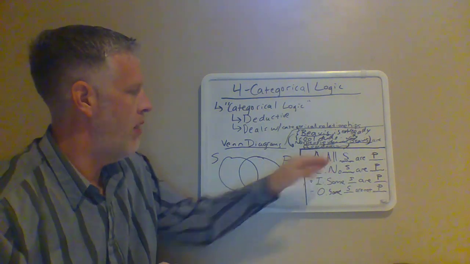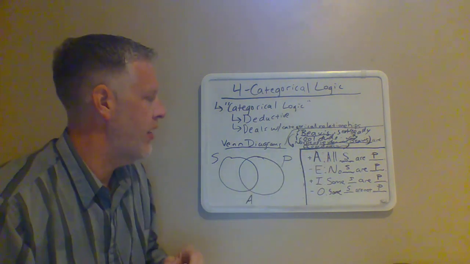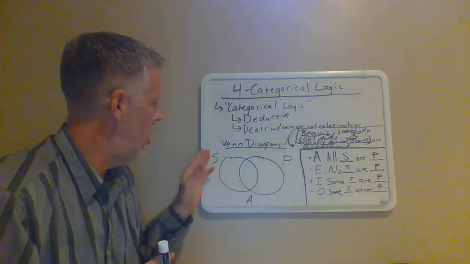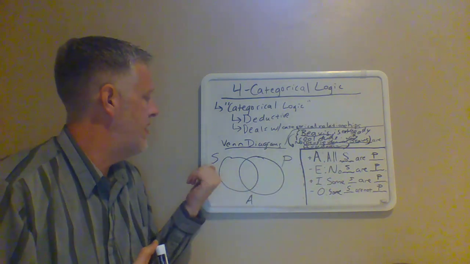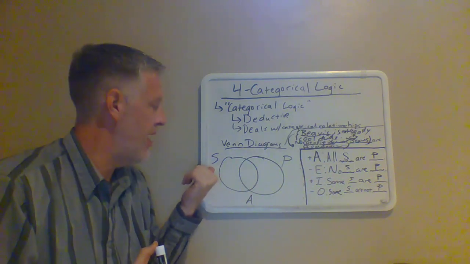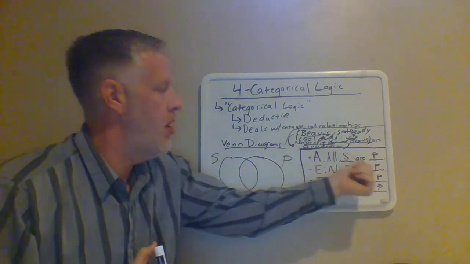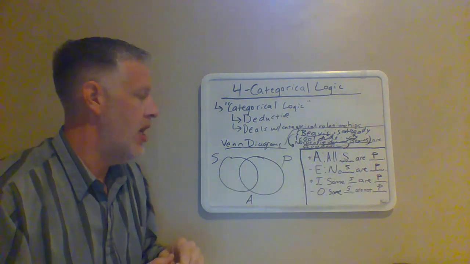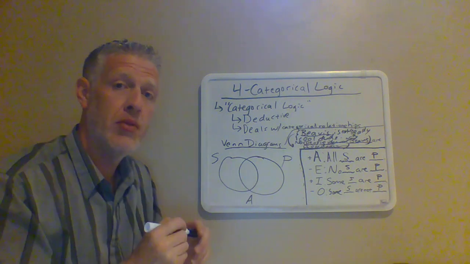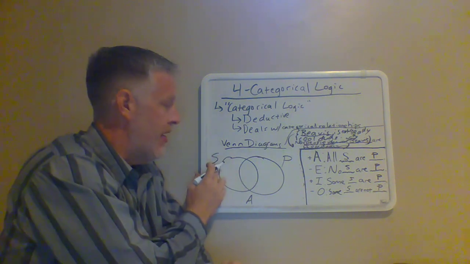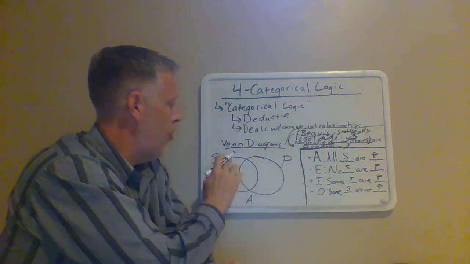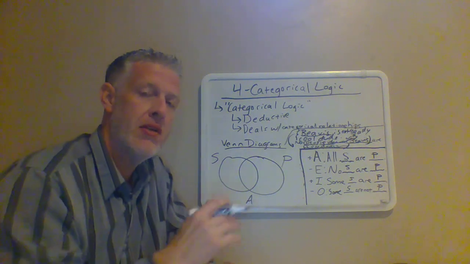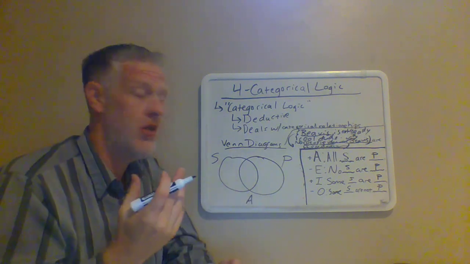So what does the Venn diagram for the standard form A claim look like? Well, we're told all S are P. So if it's an S type of thing, it also has to be a P type of thing. It's not possible to be an S and not also be a P. How do we represent that? We know shading means nothing's in there, so let's use that.